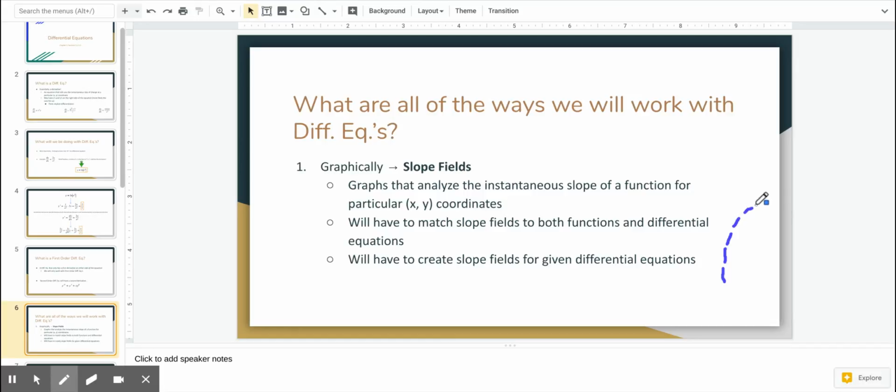Eventually, they start to zero off right around the origin, and then they start to get a little more steep. And so imagine you are calculating the individual slopes at every xy coordinate. So here's an xy point, here's an xy point, and so on and so forth. And you were just marking those xy points with little tiny line slopes, okay?